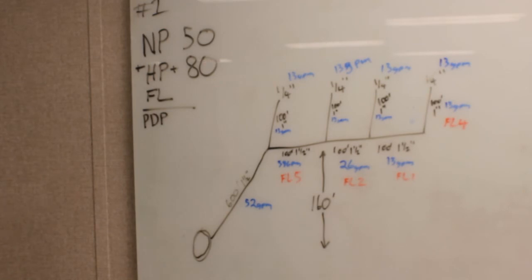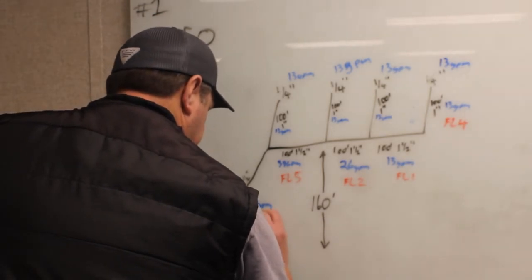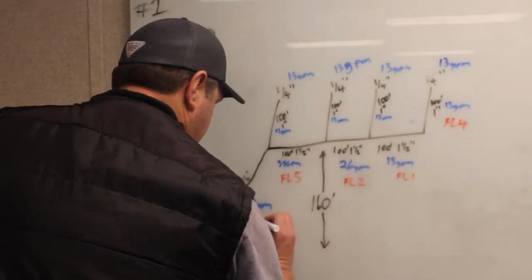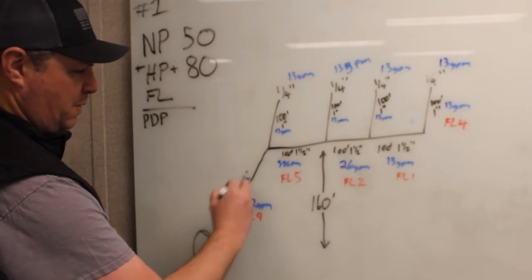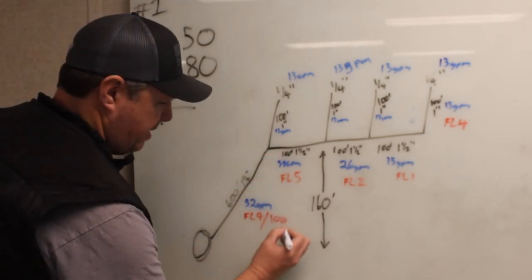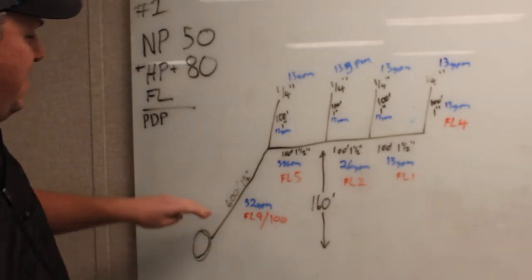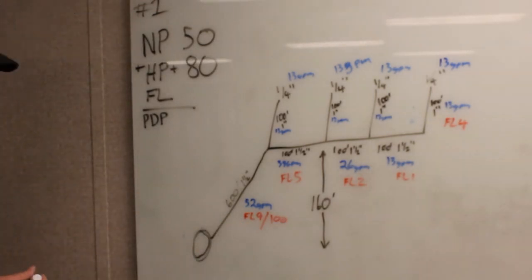So I put my friction loss calculator on 52 gallons per minute, and I read my 1.5 hose mark, and I get 9. So friction loss of 9. But I got more than one chunk of hose. So it's 9 per 100. So I have 9 per 100.